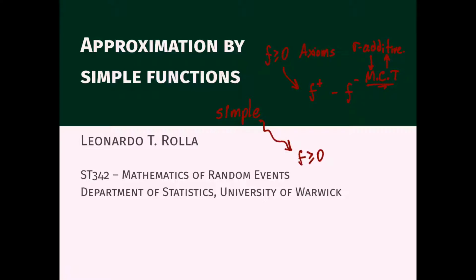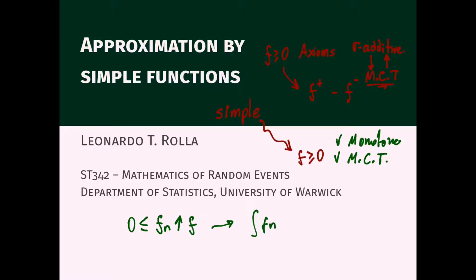We showed that this definition is monotone and that it satisfies the monotone convergence theorem, in the sense that if f_n increases, f is the limit, and they're all non-negative, then the integral of f_n converges to the integral of f.